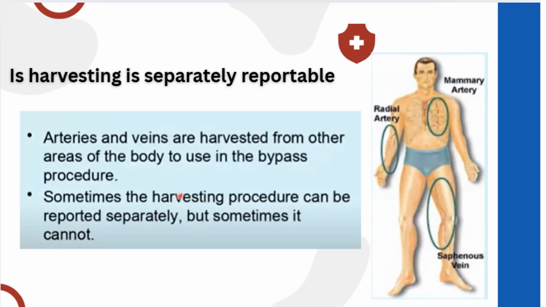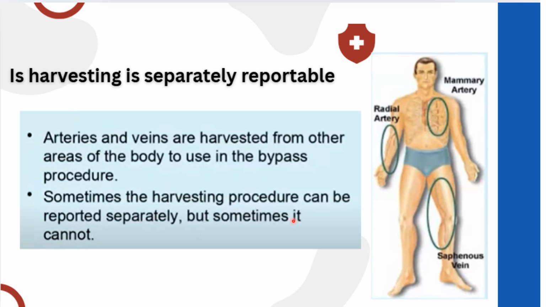By putting another vessel. From where will I take that vessel? I will take the vessel from the patient's own body. And that is called harvesting of that vessel. So I take that vessel from different areas. It could be your mammary artery, it could be your saphenous vein or radial artery.